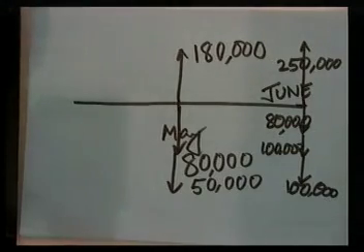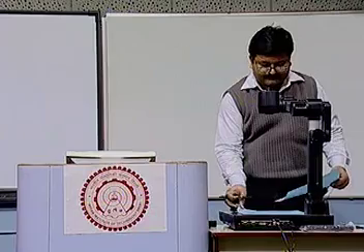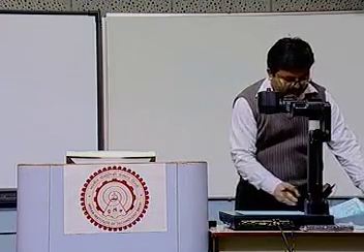Now this is one way of showing the cash flow diagram for this particular problem, right? The same cash flow diagram I can show it like this also. Please have a look at this slide.